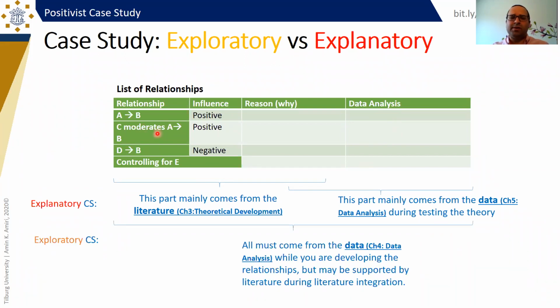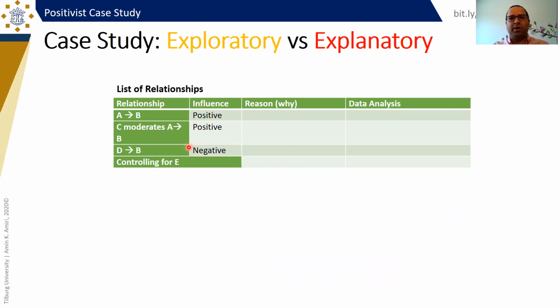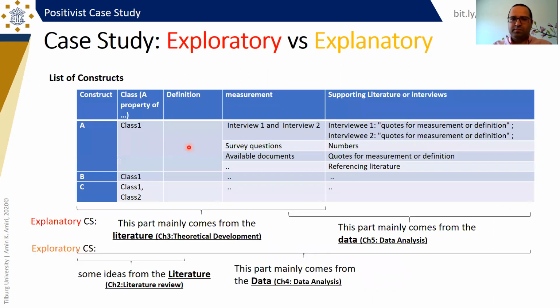In exploratory case study, all these tables must be created in the data analysis stage. So these are all created in the data analysis. I just repeated what I told you before in a different way. So the table of constructs: explanatory, all are created using literature.